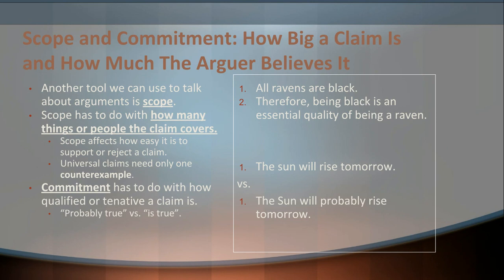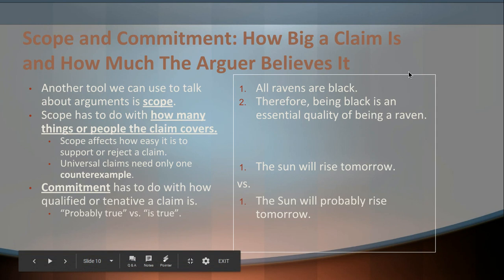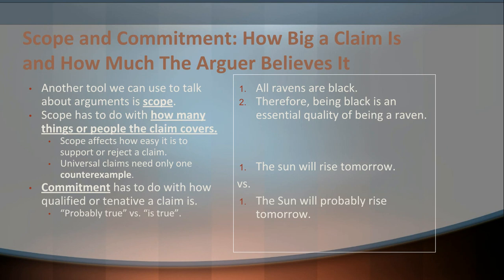Universal claims like "all Americans like cheeseburgers," or "all ravens are black," if we want to look at the example right here on the side. These types of claims are very difficult to support and prove to be true, and they're actually very easy to disprove. Universal claims only need a single counterexample to show that they're false. Like, take this example over here on the right. All ravens are black, therefore being black is an essential quality of being a raven.